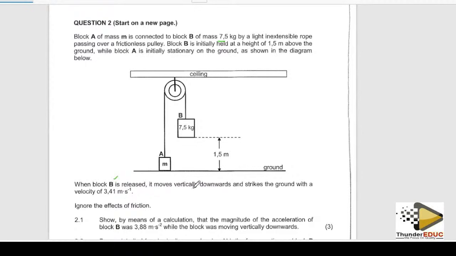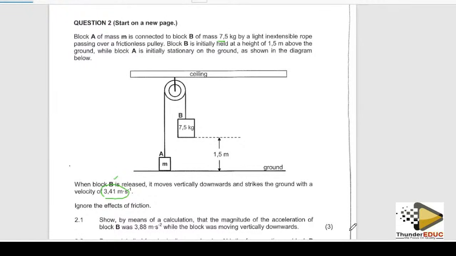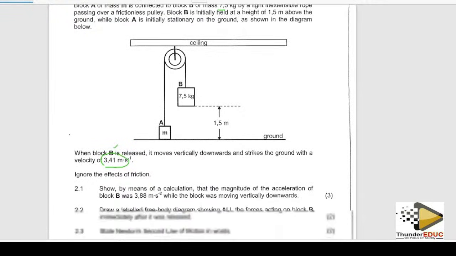When B is released, it moves vertically downwards and strikes the ground with 3.41 meters per second. If we are ignoring friction, can we show by means of calculation that the magnitude of the acceleration of block B is 3.88 meters per second squared, while the block was moving vertically downwards?